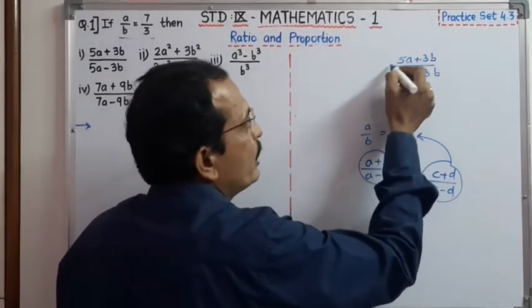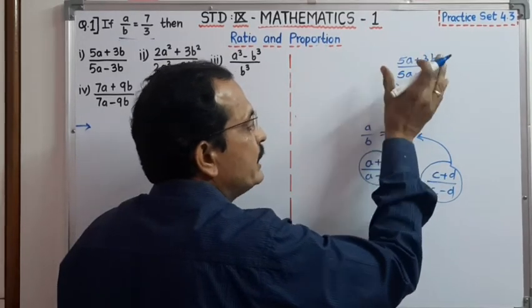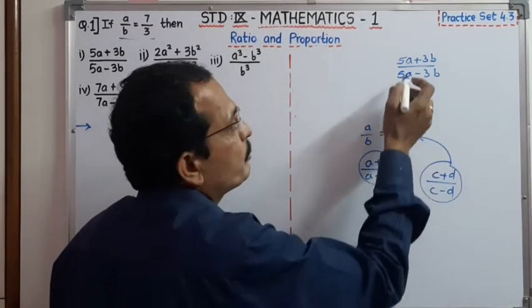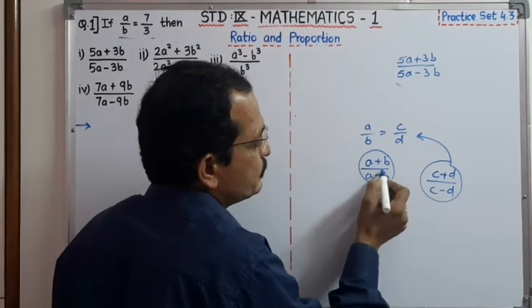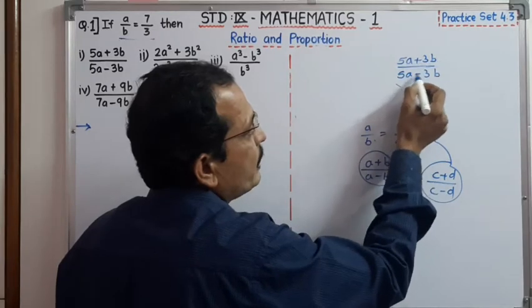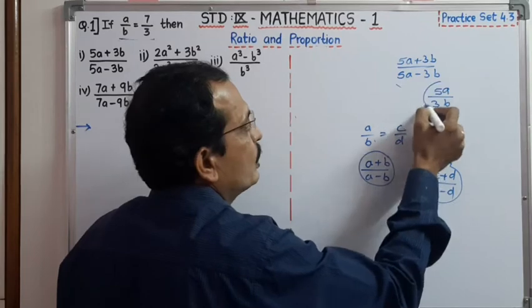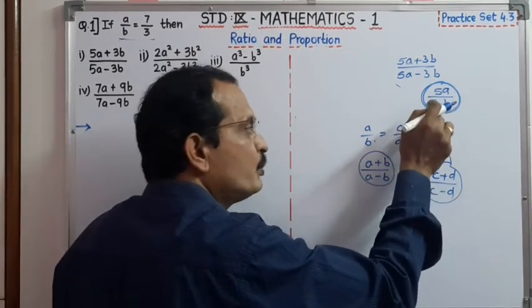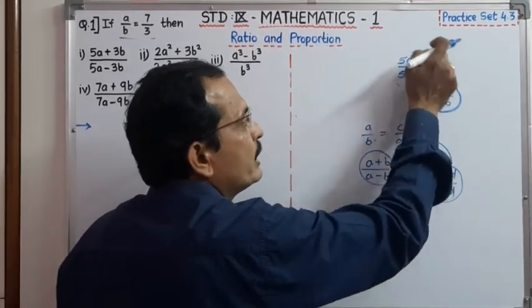Same way, to find out this value, first of all, which operation? It is componendo-dividendo. But on which ratio? If we observe this carefully, it is a plus b, a minus b, therefore a upon b. Same way, 5a plus 3b, 5a minus 3b, then it is 5a upon 3b. Got it, dear student? That means on this 5a upon 3b, if we apply componendo-dividendo, then and only then we get this.